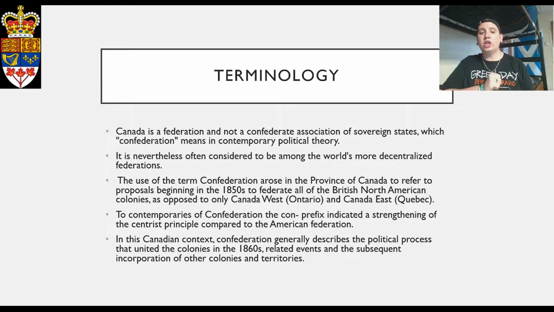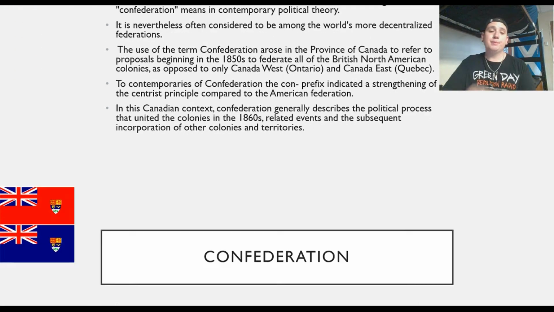In this Canadian context, Confederation generally describes the political process that united the colonies in the 1860s, related events, and the subsequent incorporation of other colonies and territories as well. So that's what the terminology is for this, and let's continue from there.